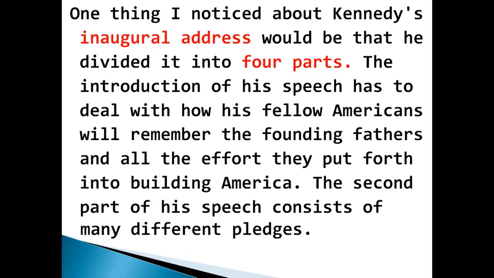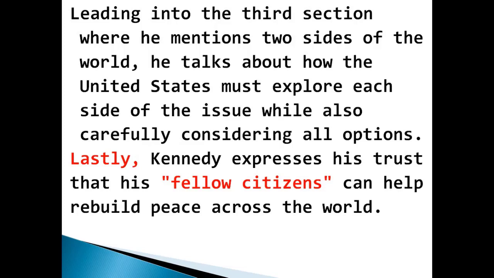The second part of his speech consists of many different pledges. Pledges means oaths, in which he promises in the name of God. So those are called promises, pledges, oaths. Leading into the third section, where he mentioned 2 sides of the world, he talks about how the United States must explore each side of the issue while also carefully considering all options.